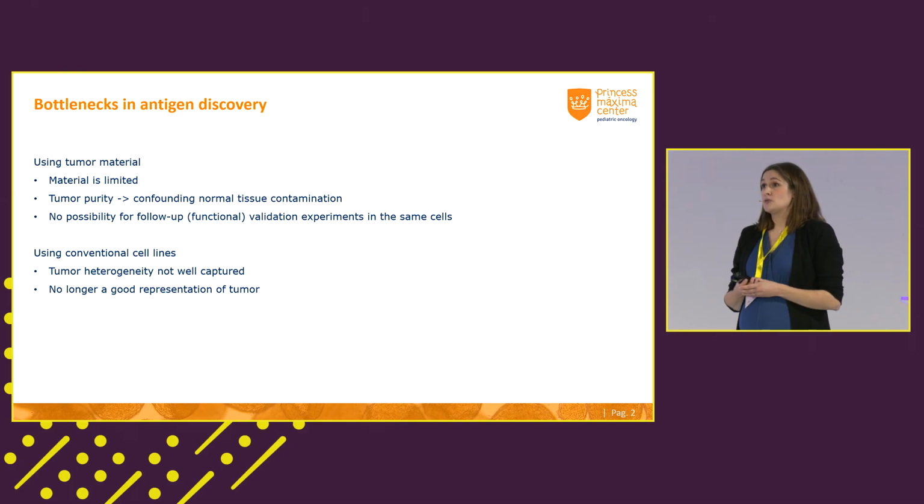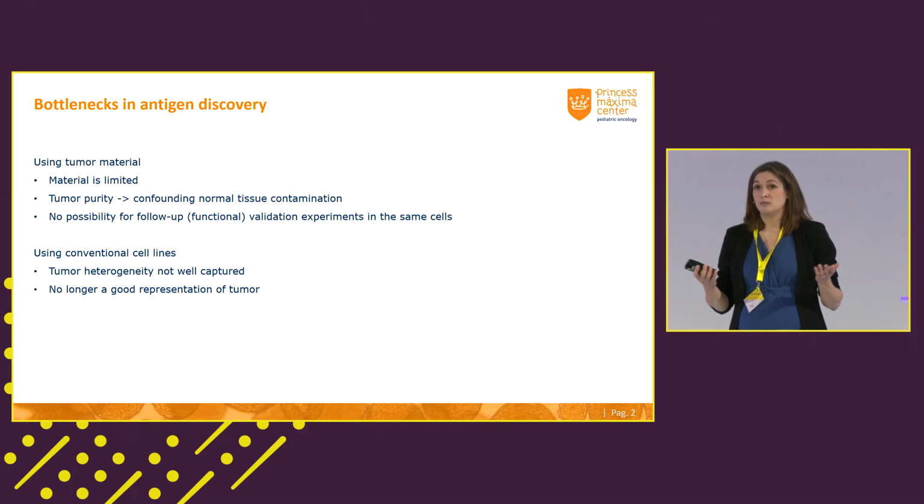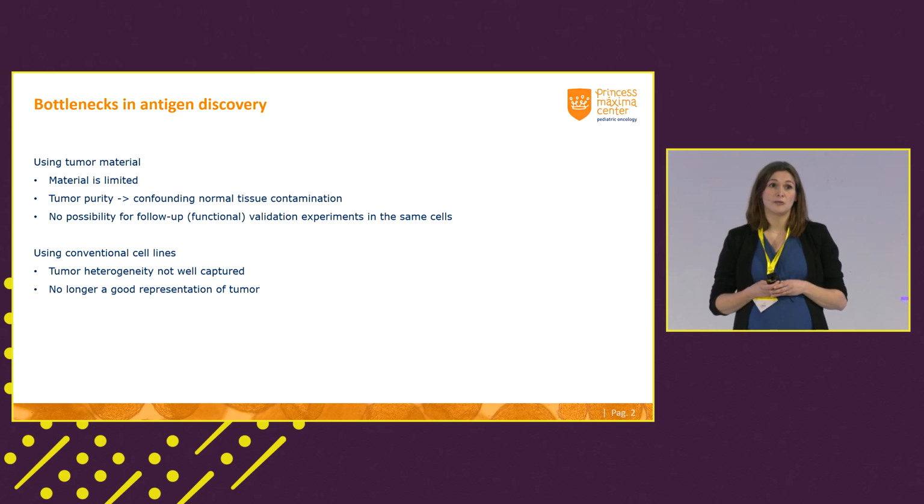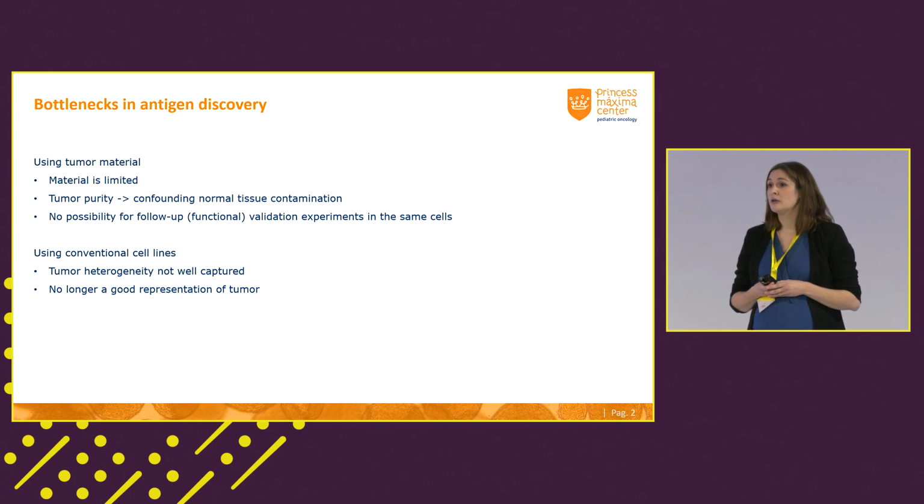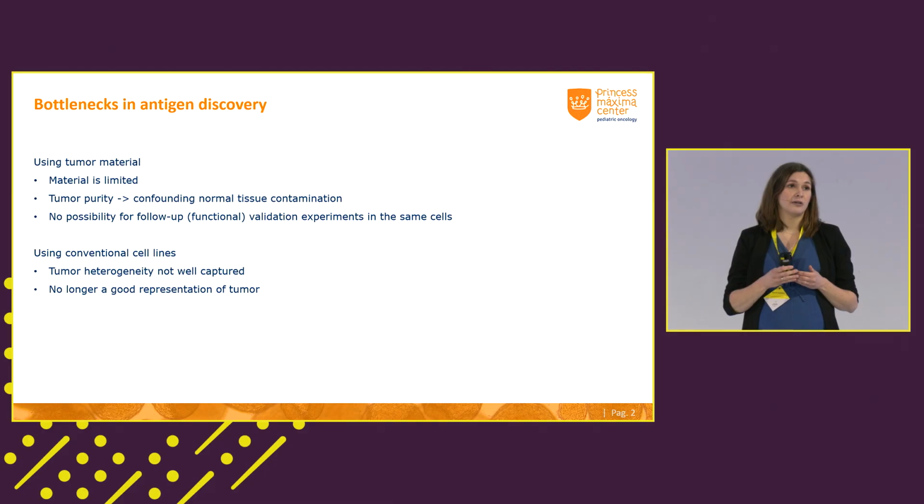You can also use cell lines, which is being done a lot, and it solves quite some of the problems that I mentioned before, because you can keep expanding these cells, you can get enough cells for experiments, so that can be very useful. But the problem with cell lines is that you're often culturing a very monoclonal type of tumor.